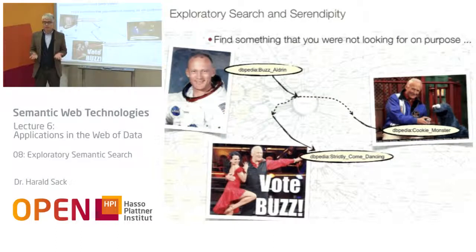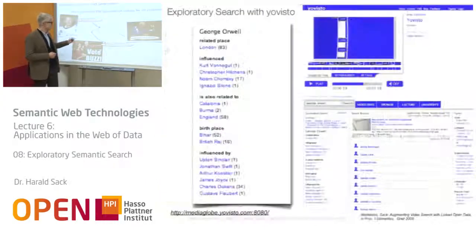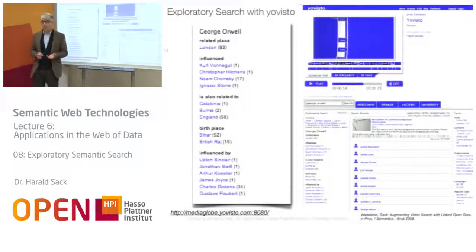Okay, how do you get this into a user interface for a semantic search engine? This is quite difficult. We tried this several years ago in an exploratory search interface for the Yovisto search engine.